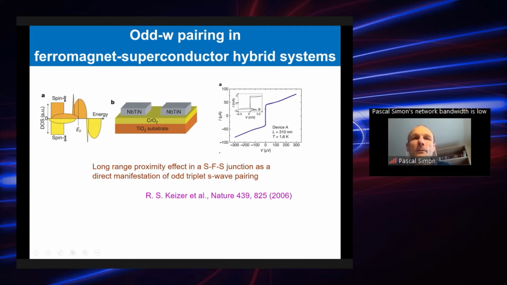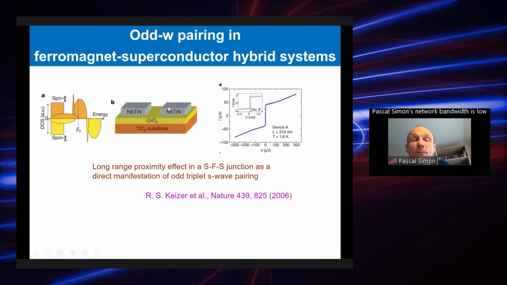And they do measure a supercurrent in between these two superconductors, even though chromium dioxide is a polarized semi-metal. As you can see here, at the Fermi energy you have only spin up available.